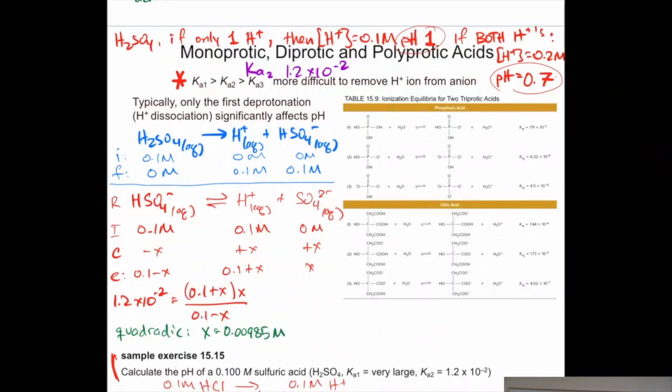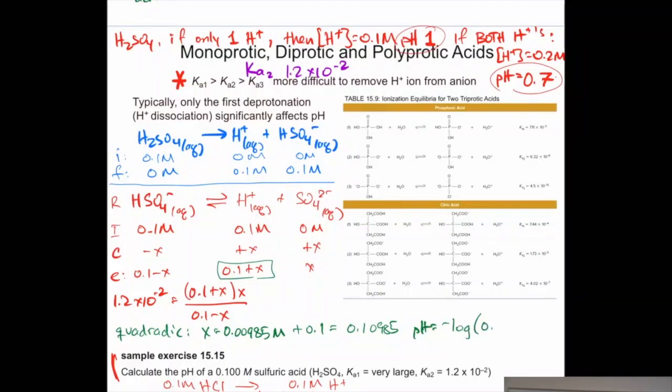Okay? So that means that if we want to know what the final hydrogen ion concentration is going to be, we need to add that to 0.1. So this plus 0.1 is equal to 0.10985, and the pH is equal to the negative log of that.